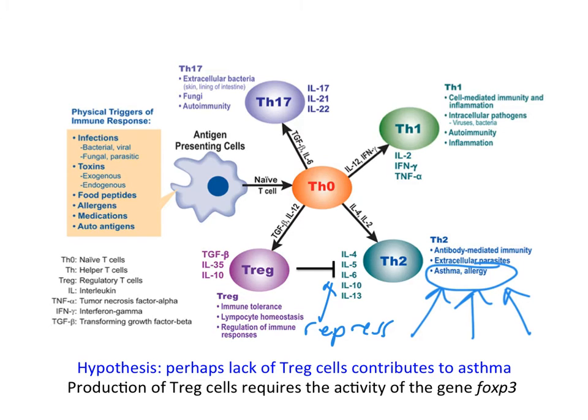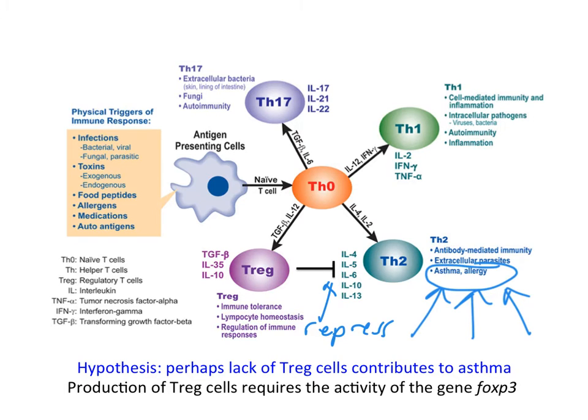So her hypothesis about the kids that were presenting with asthma from Fresno was maybe they don't make enough T regulatory cells. So they respond to something in the environment, their bodies do, and they produce a lot of T helper cells to try to fight off those invaders, chemicals, small molecules, whatever, air pollution. But if they don't have enough regulatory T cells, that causes asthma and other related symptoms.